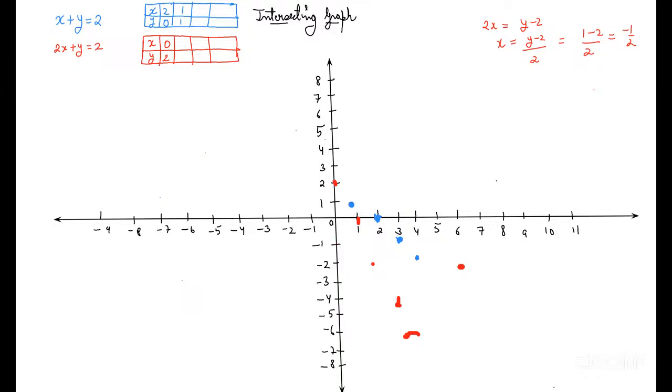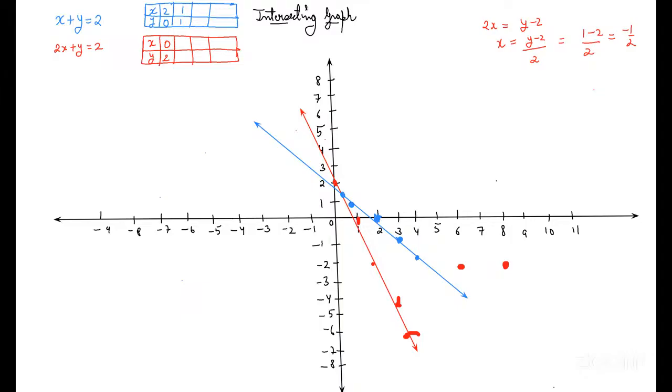So, if I make a line, I will make a red line, so I might get it like this. And if I get the blue line, I might get it like this. Okay. So you can see that this point is the solution.